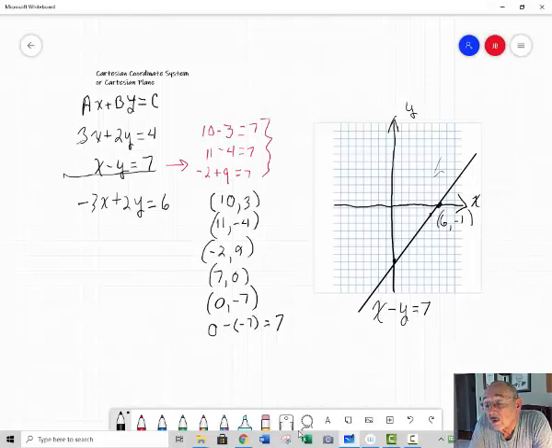And the answer is yes, it does. How about this point right here? That looks like it's 1, 2, 3, 4, 5. It looks like it ought to be about 2, negative 5. And you see 2 minus negative 5 does in fact equal 7.